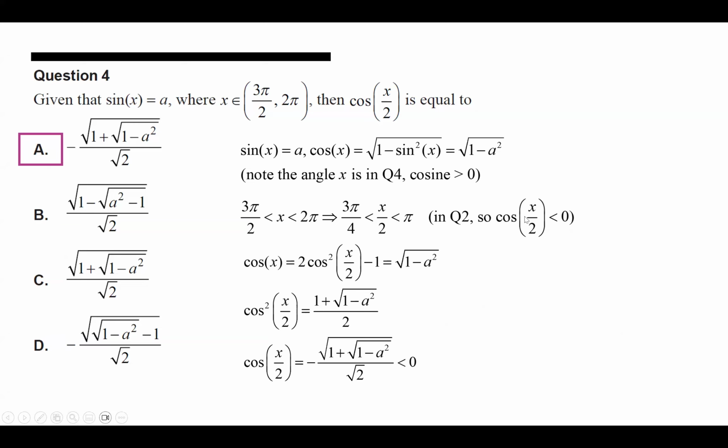Then just notice what we observed: cosine half x is less than 0, so you need to take the negative square root. In my opinion, this question is more efficient by hand, but you have to know your trig identities and also the positive, negative properties of any trig ratio. So be careful with the basics.